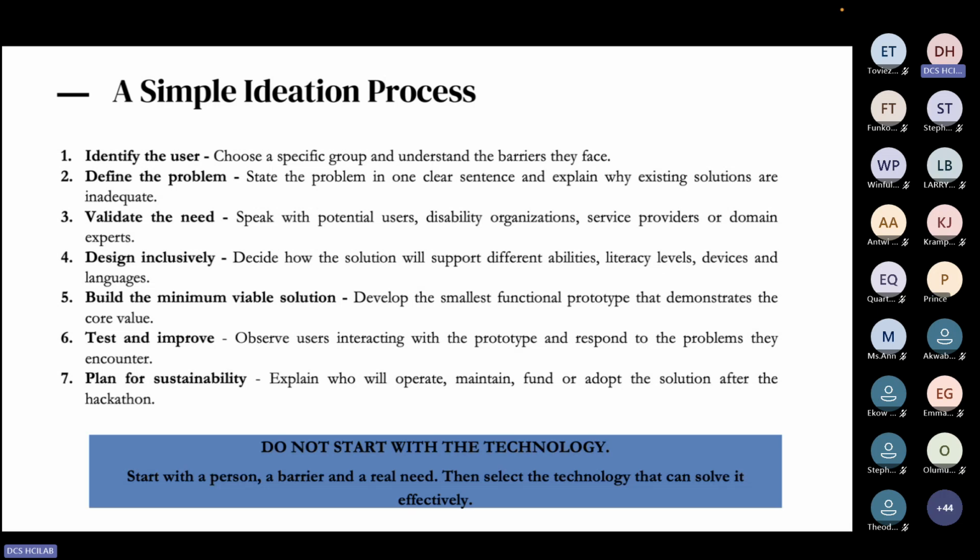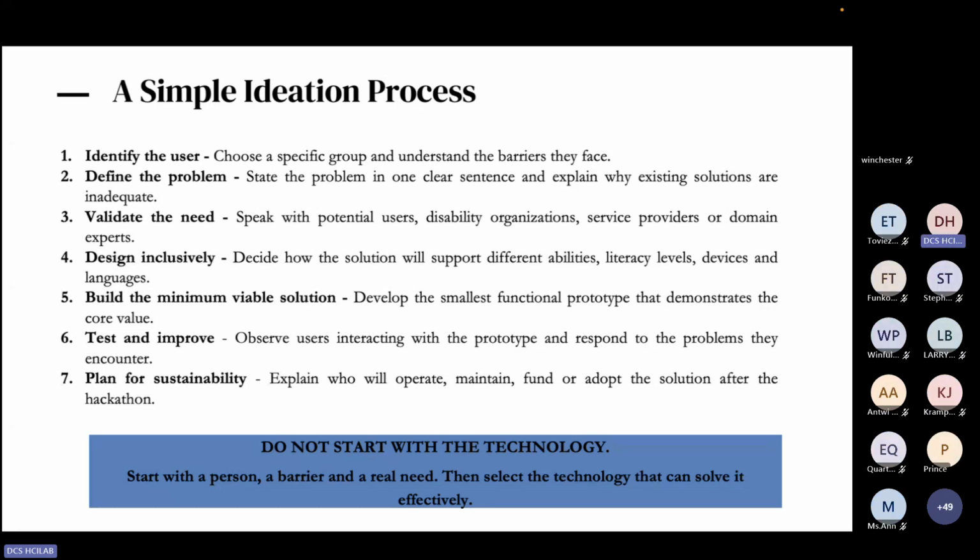So we suggest that you choose a specific group and understand the specific barriers that group of people face. You're also expected to define the problem, state the problem in one clear sentence, and explain why existing solutions are inadequate.